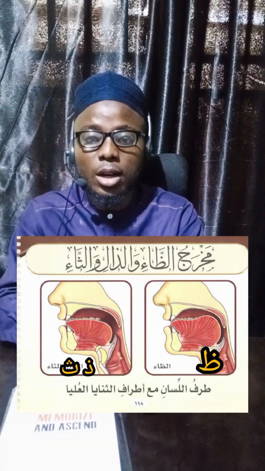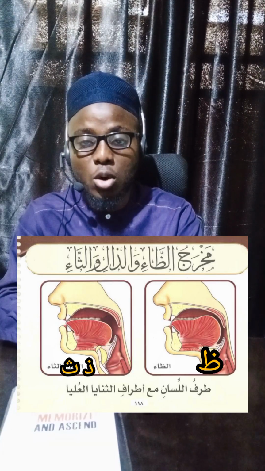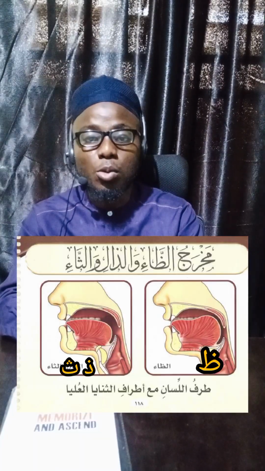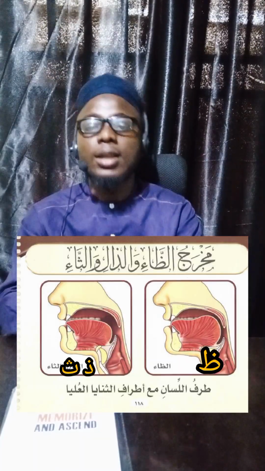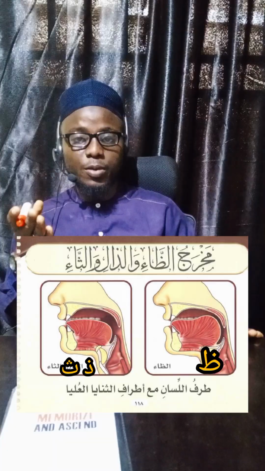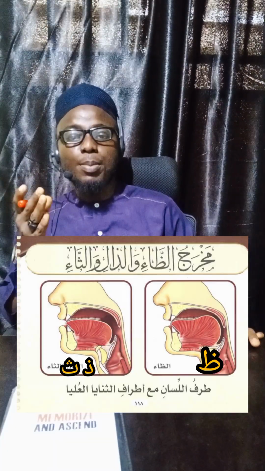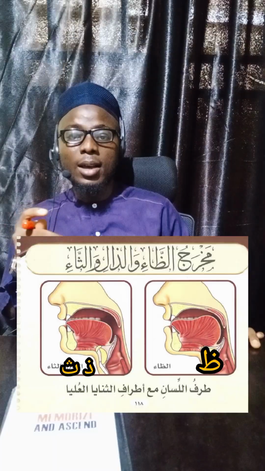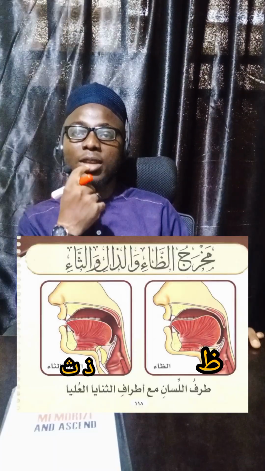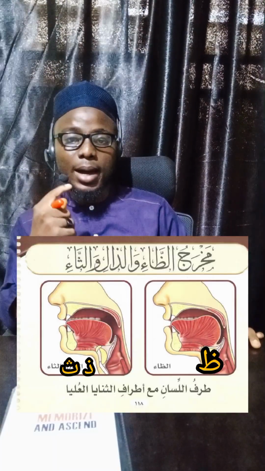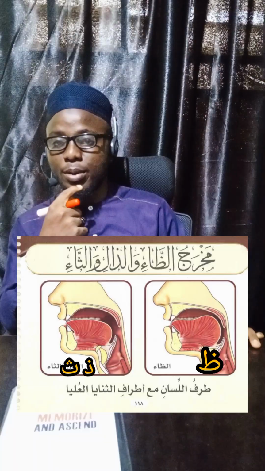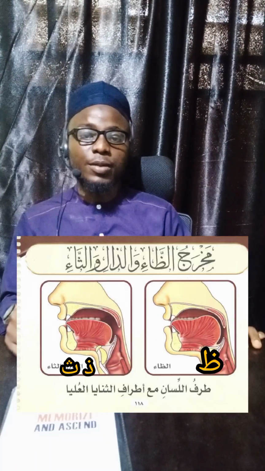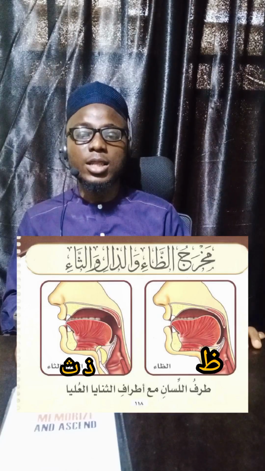Where do the three letters come out from? In Arabic we would say taraf al-lisan, the tip of the tongue. We are still talking about taraf al-lisan, don't forget. The tip of the tongue with the tips of the two upper front incisors. For example, you can see where my tongue is.